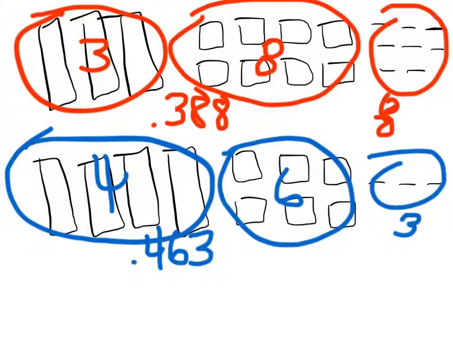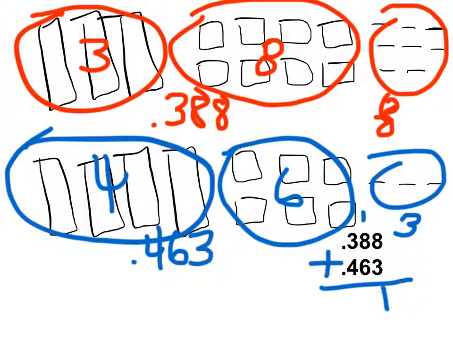Let's add them together. So again, we'll add 8 plus 3 gives us 11. That really means that 1, 2, 3, 4, 5, 6, 7, 8, 9, 10 of these dashes that are thousandths will turn into 1/100th, and that is where the 1 is carried to the hundredths column.